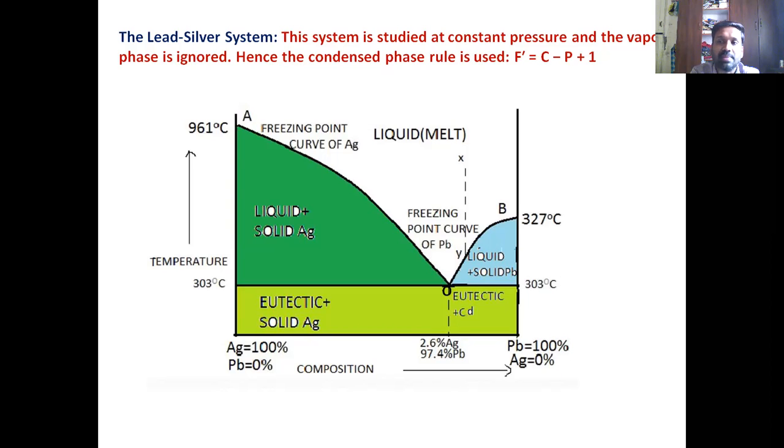Therefore, the two variables are temperature and composition. On the x-axis it is composition, on the y-axis it is temperature. So what do we mean by composition? Simply, what is the percentage of lead and silver you have taken to form an alloy?